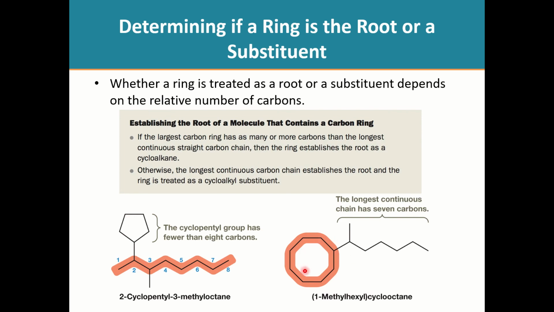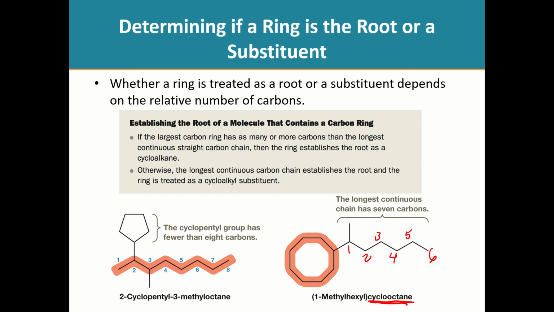When you look here, we find the longest carbon chain, and I will number that there. So we see 1, 2, 3, 4, 5, 6. So the longest carbon chain right there is 6, but the ring has 8. So now we see in this second example here that the ring is the parent name, and you see the parent name right there, cyclooctane.